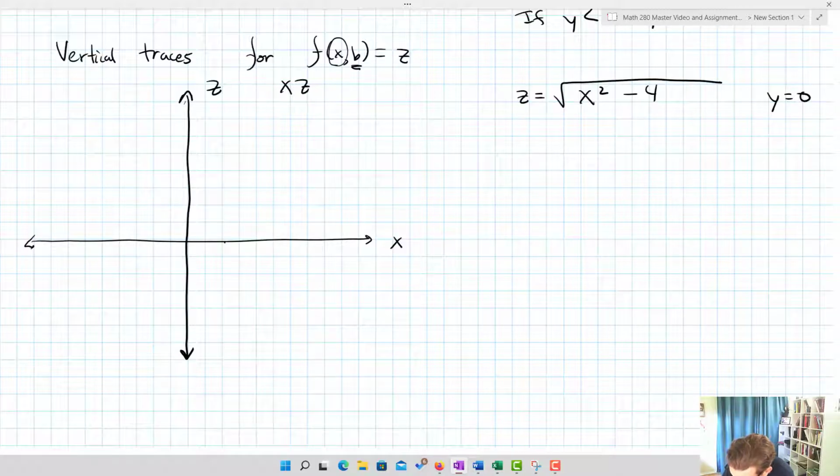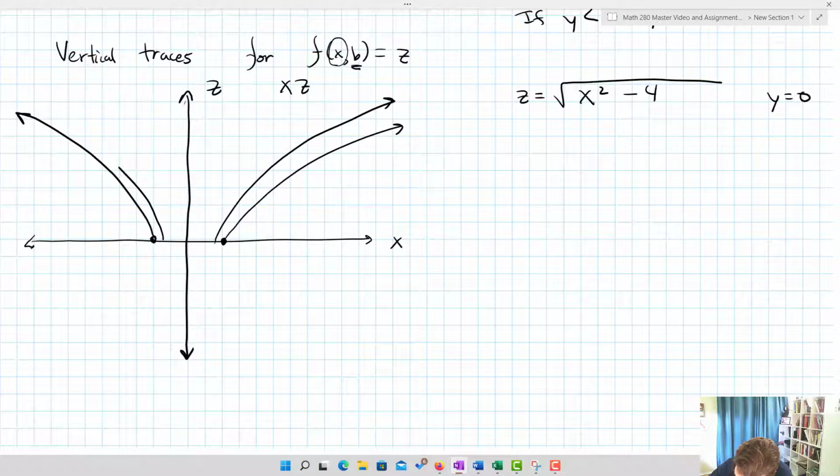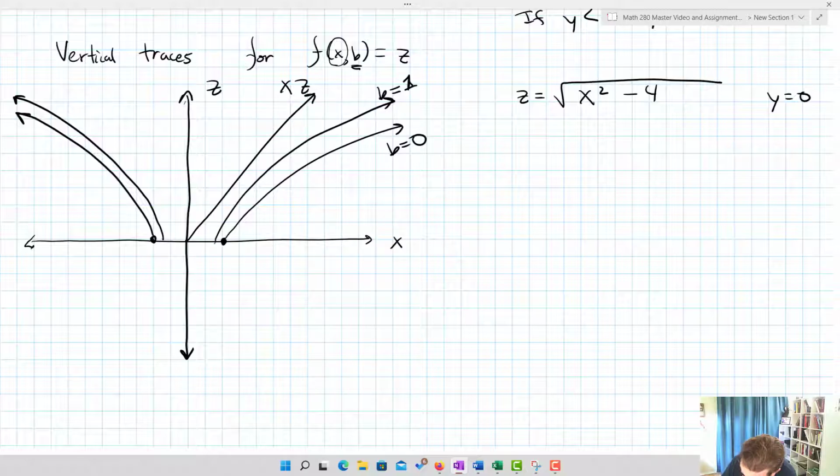And so we know what that looks like already. It's going to be that half hyperbola that we had before. In fact, it's going to look identical. In fact, the whole thing is basically going to look identical. If we imagine, here's what happens if we let b equal 1, here's b equals 0, and then we have these straight lines. And that's what happens if you let b equal 2. And there we are.